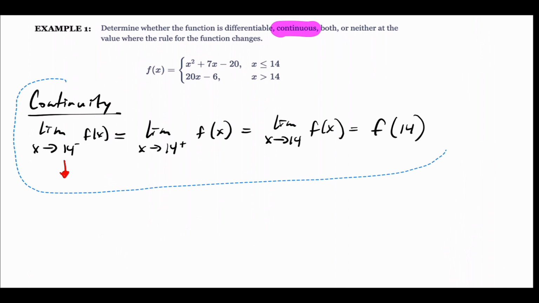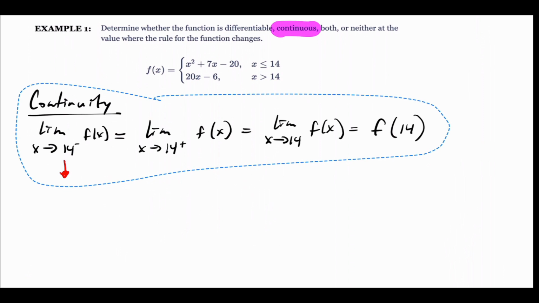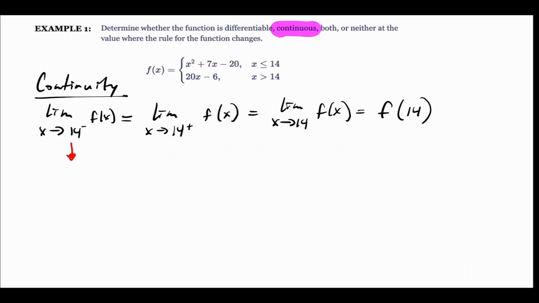Input 14 on the first equation, because that's the less than, right? Good. So when I input 14 into the top equation, what do I get?